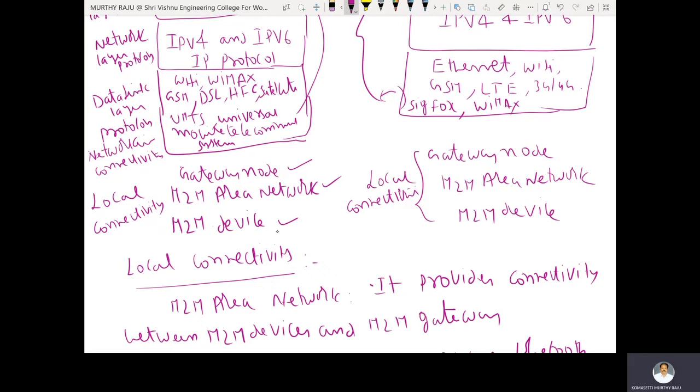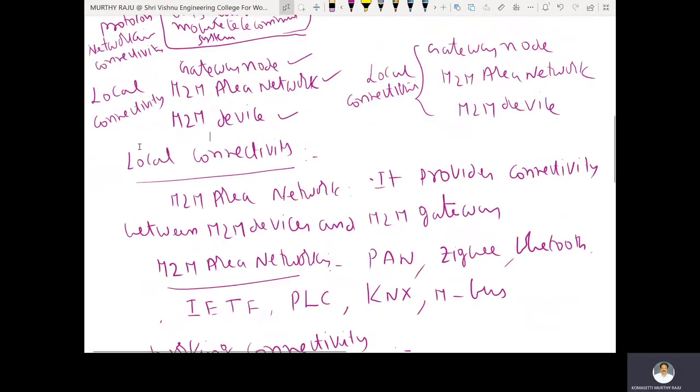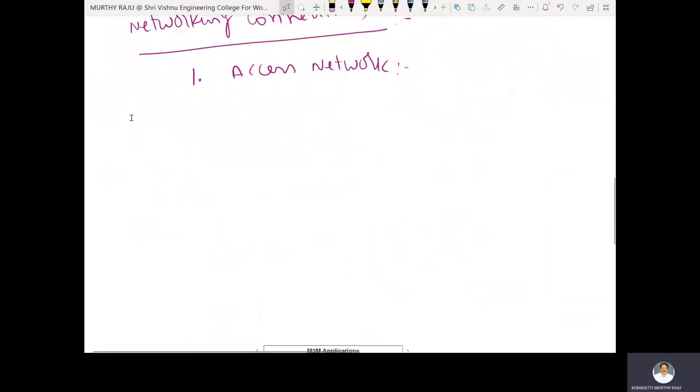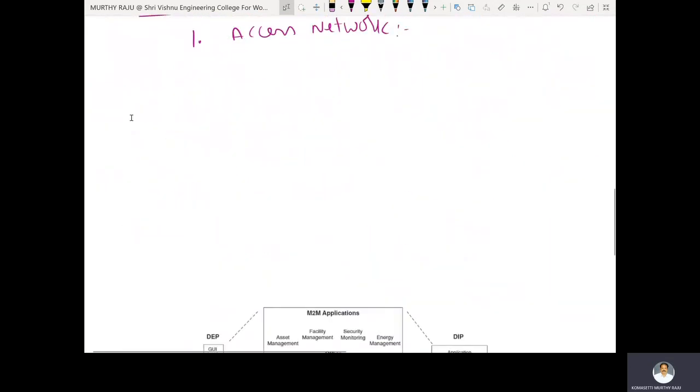Sometimes we use Bluetooth, ZigBee, KNX, personal area network, and so on. Suppose here is a network that allows the M2M device and gateway domain to communicate with the core network. That is called the core network.